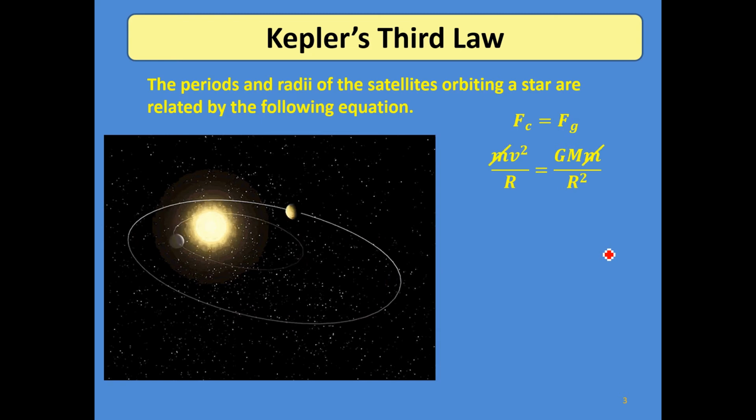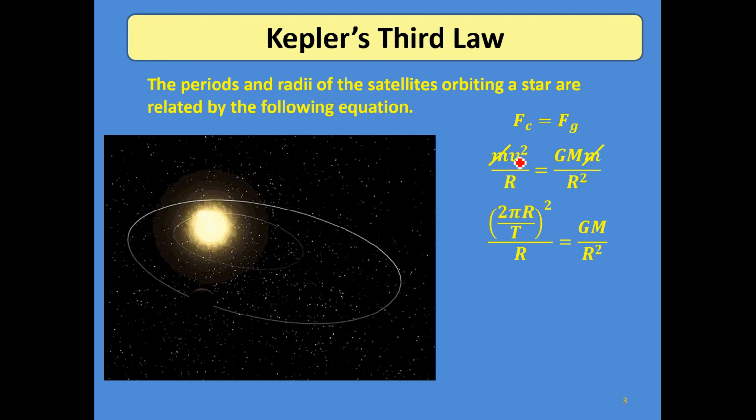First off, we're going to cancel out the mass of the satellite itself. And so this tells us right away that the mass of the planet or whatever is orbiting a star has no relevance to its period, which is kind of weird, but true. And so then I plugged in an expression for the velocity.